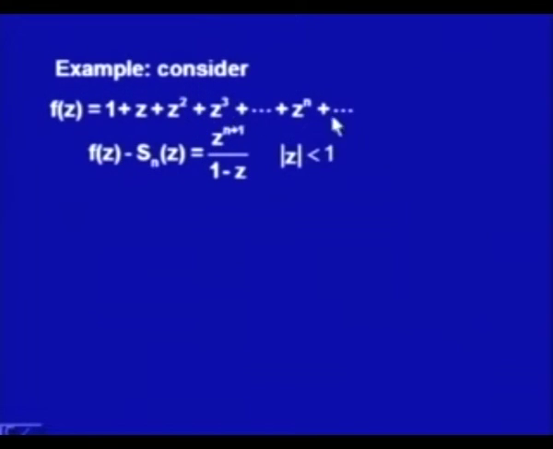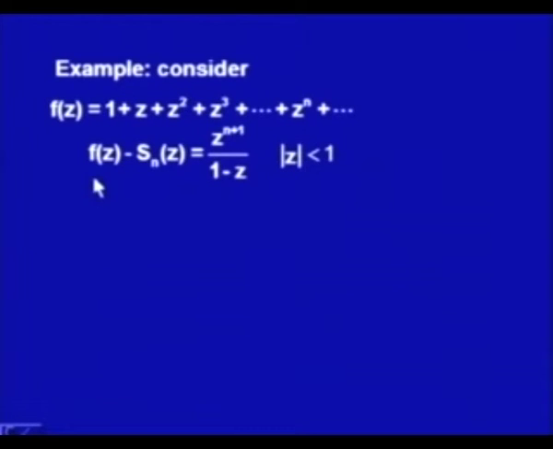Now, we consider this power series 1 plus z plus z square plus z cube. This is a geometric series, and we know that f(z) minus s_n(z), that is the partial sum, the difference between f(z) and the partial sum, is z raised to power n plus 1 over 1 minus z, for modulus z less than 1.